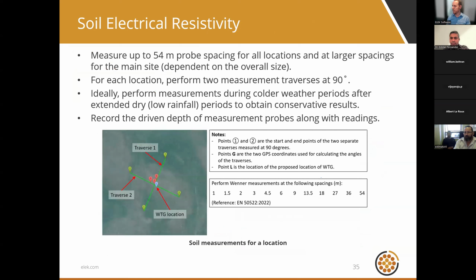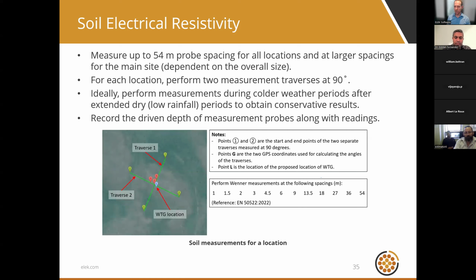Soil electrical resistivity is a very important, very critical input to these calculations, to the design at all stages. You must measure soil electrical resistivity very well and reliably. There are some guidelines here as to the probe measurement spacings that you should use.